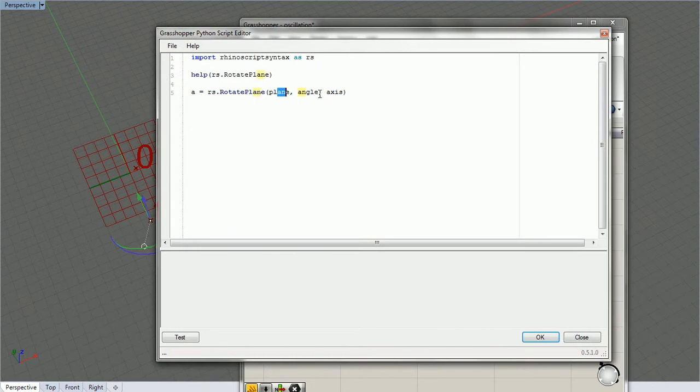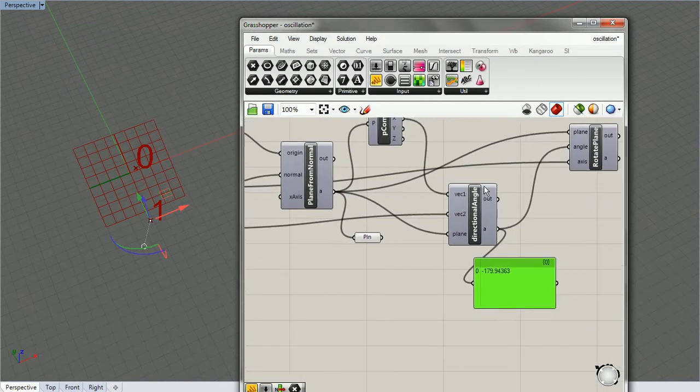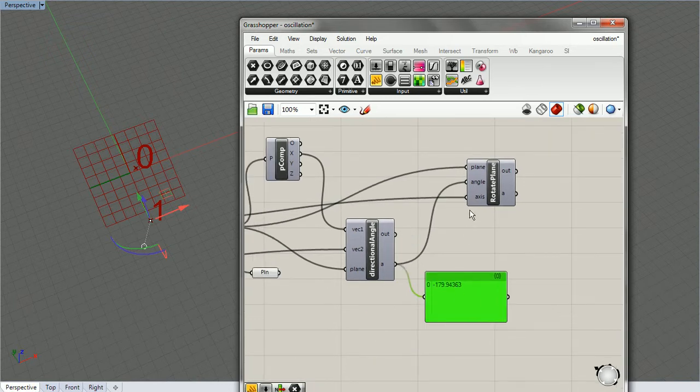It just rotates a plane around an axis by some angle. Yeah, so it's one of those more intuitive methods. And so the angle that we pass in is the angle that we're getting out.